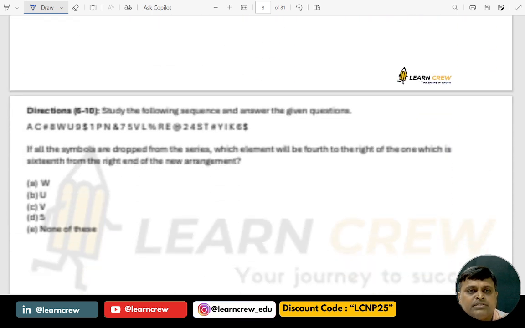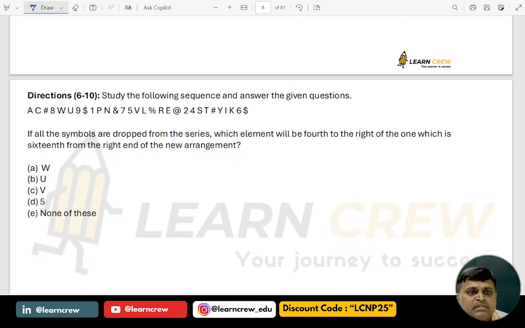Now the second question. If all the symbols are dropped, which element will be fourth to the right of the one which is 16th from the right end of the new arrangement?